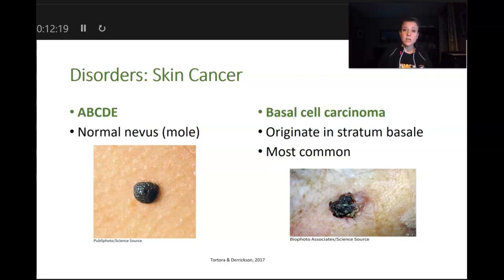And usually this is going to occur due to overexposure to ultraviolet radiation. So people who sunbathe a lot or who work in the sun a lot are going to be overexposed to ultraviolet radiation and run the risk of contracting skin cancer. But it's not just UV radiation.